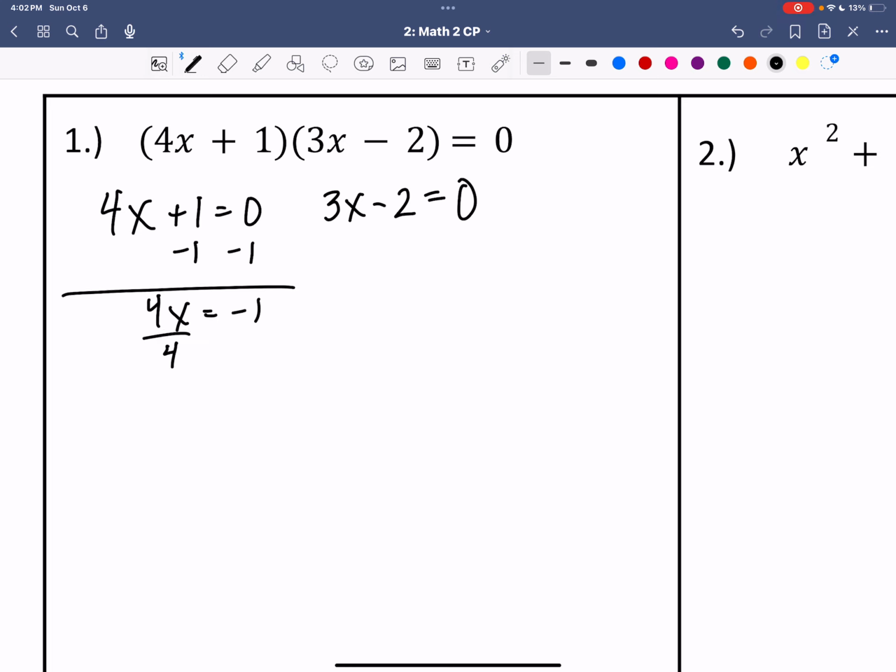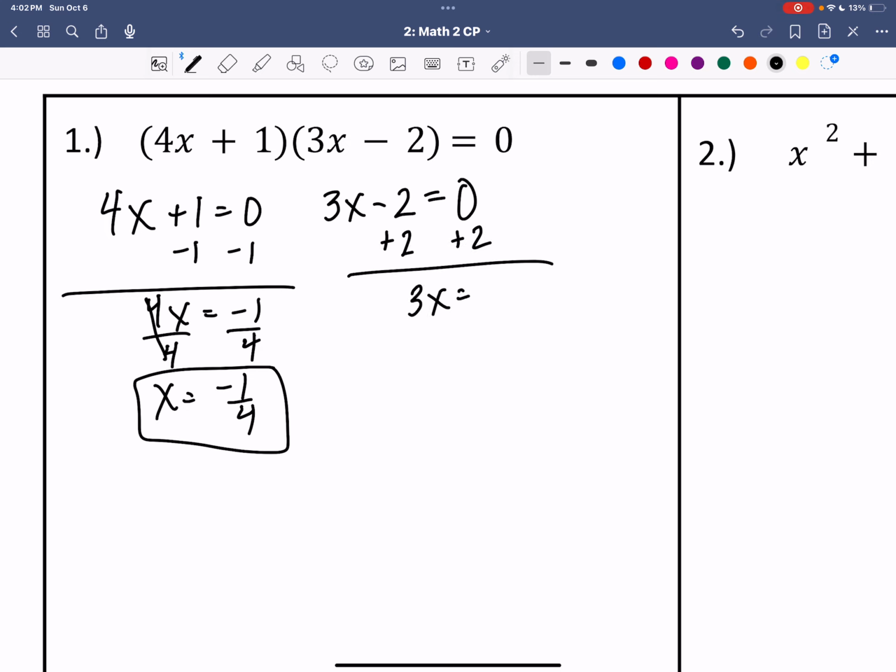Divide both sides by 4, because remember you want to get x by itself. All right, so this is one solution, and then the other solution, and those are your answers.